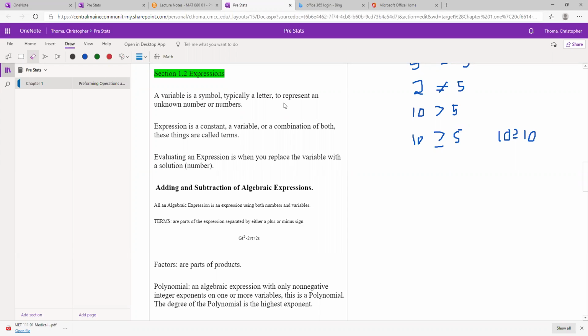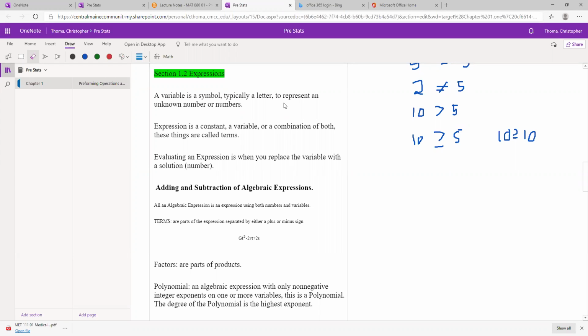An expression is a combination of variables and constants, and all a constant is a number. So an expression is a combination of numbers and variables, right? And every time you add or subtract things in an expression, each individual thing is called a term.